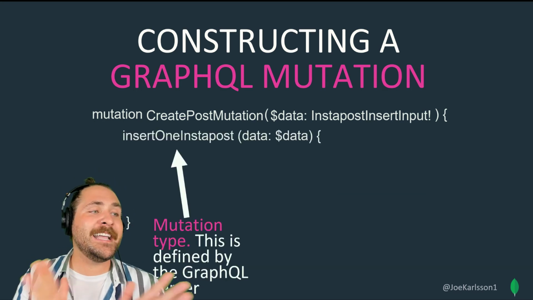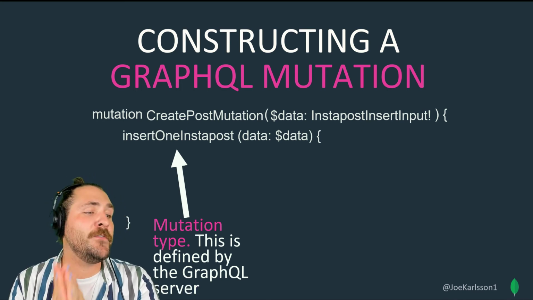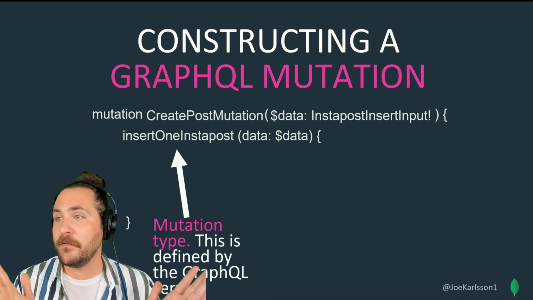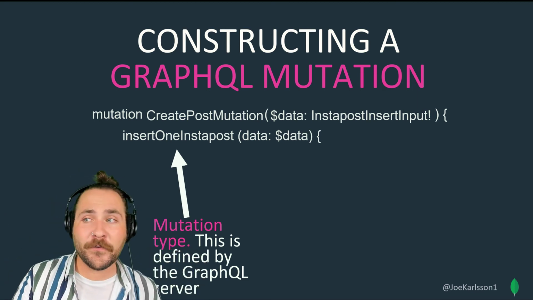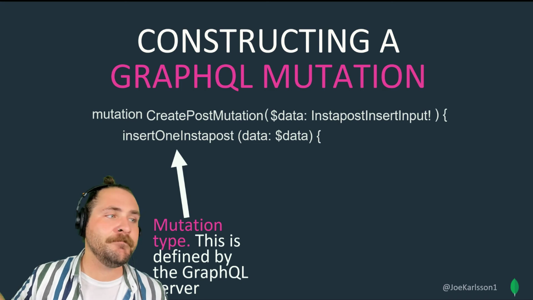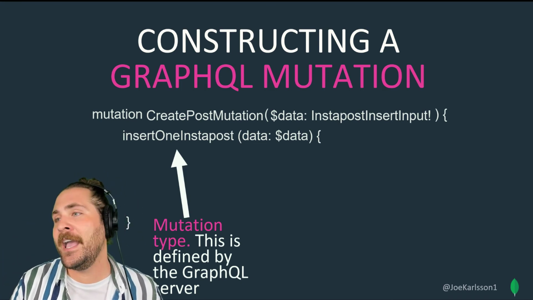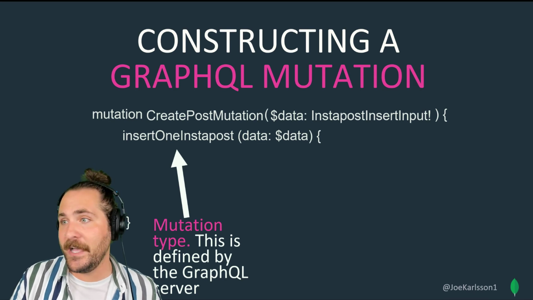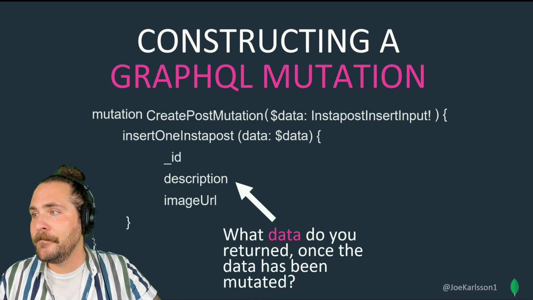So the next thing you have to supply is the mutation type. This is generated for you by MongoDB Atlas on your GraphQL endpoint. You can find out what these are by going into GraphiQL and seeing all the different mutation types. We have one automatically generated called insertOneInstaPost, and it takes the data that we need to pass through to it, which would be a description and image URL.